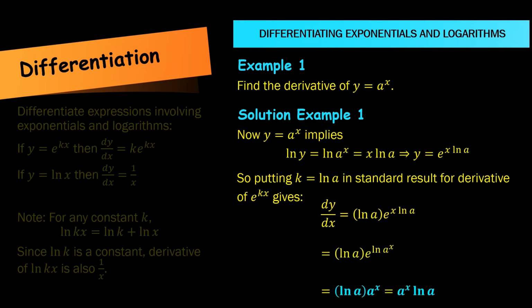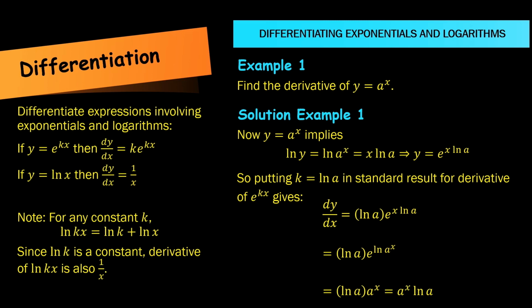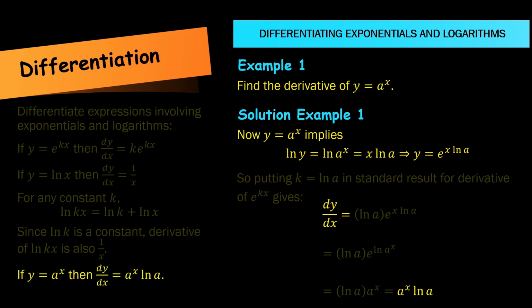And this is equal to a to the power x times ln a. And therefore we have this result also. If y equals a to the power x, then dy dx equals a to the power x times ln a.